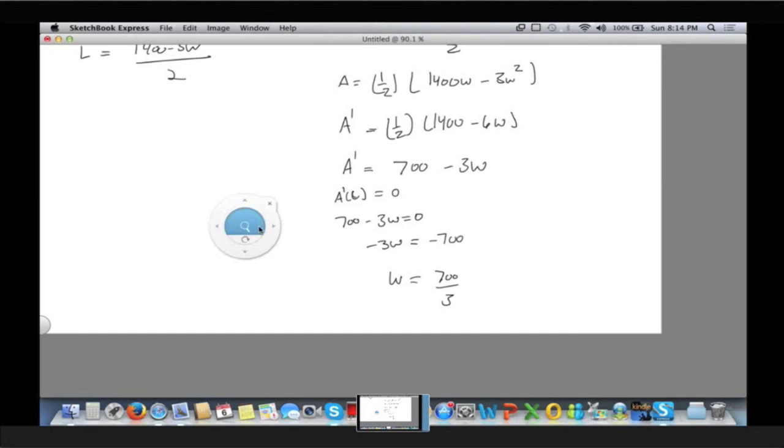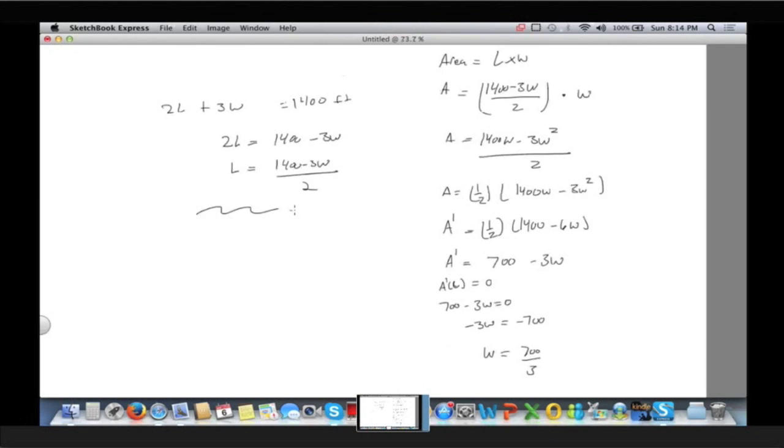All right. Now, the length, 1400 minus 3 times 700 divided by 3, divided by 2.